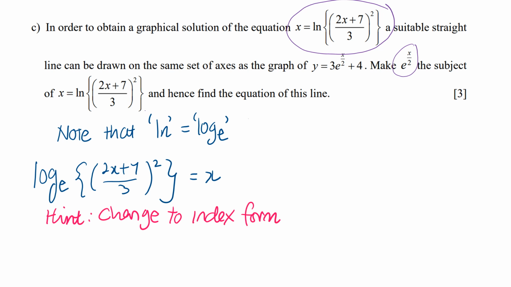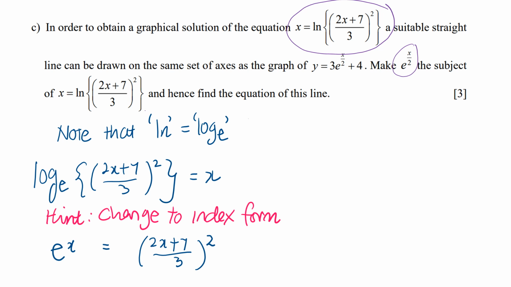So the base is base e, so e to the power x is equal to this. Something good about an equation is that if you do some action on the left, make sure you do it on the right, and as long as they're balanced, you're fine. You have not broken any mathematical rules.